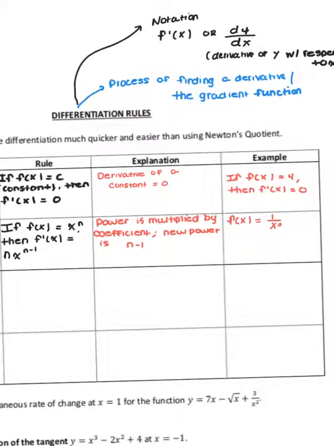So this becomes f of x is equal to x to the negative 2. And then you just follow the rule. So you bring your power out front, and then you take that exponent minus 1, which gives you negative 3. So that's the derivative.